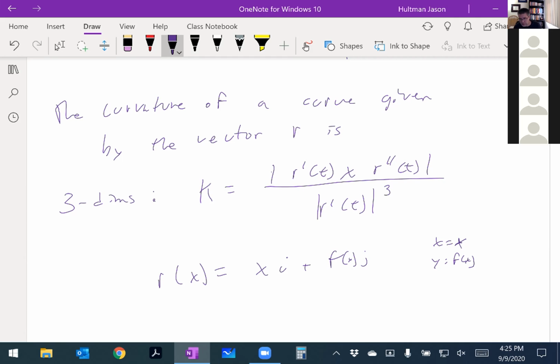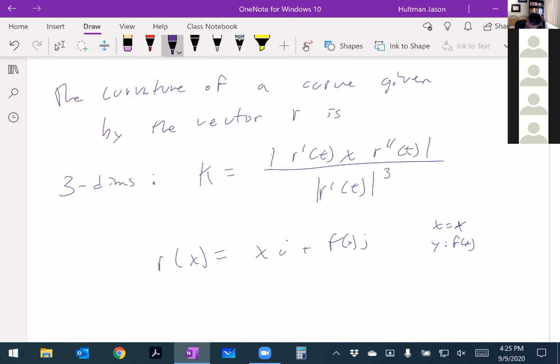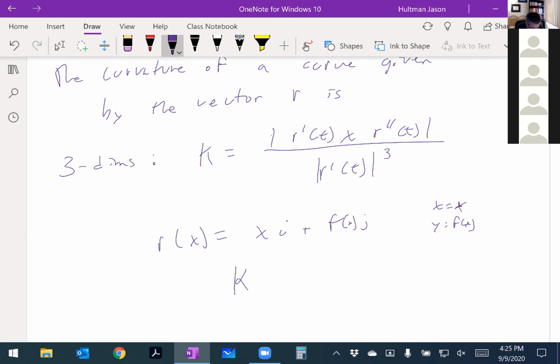Well, this is how you do it. Say you just have a regular function in the x, y direction. How do you find the curvature of that? Well, the curvature is equal to the magnitude of f double prime of x over 1 plus f prime of x squared to the 3/2 power.